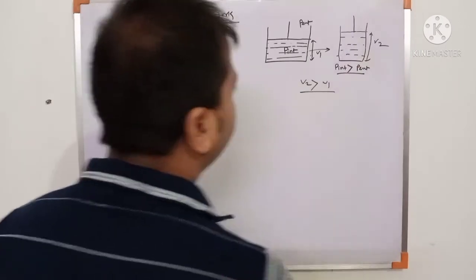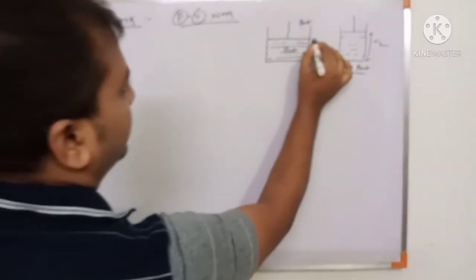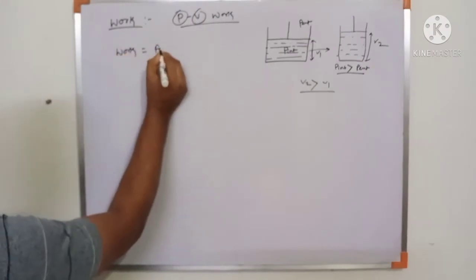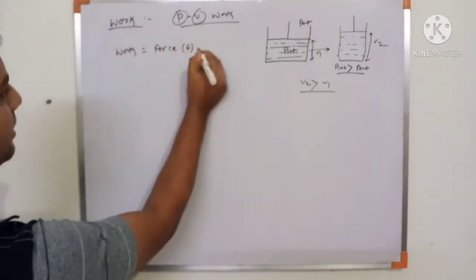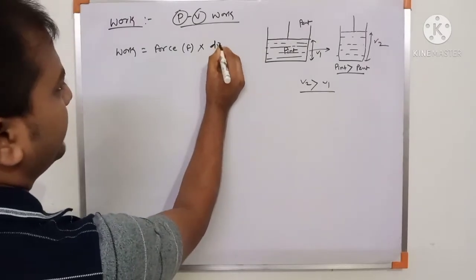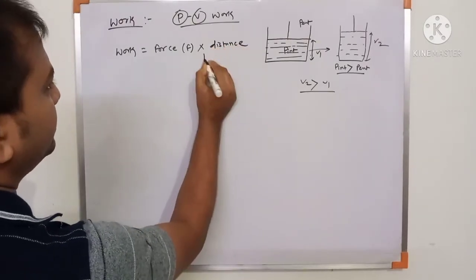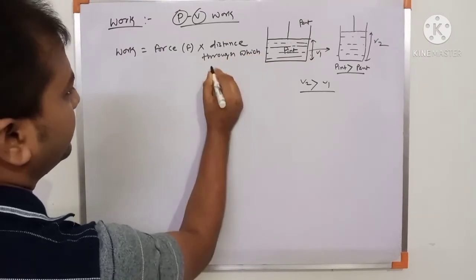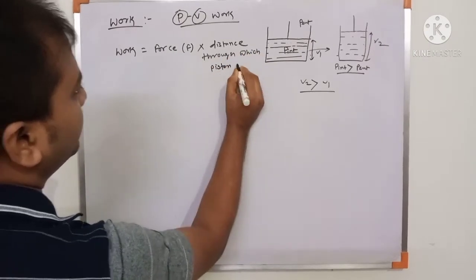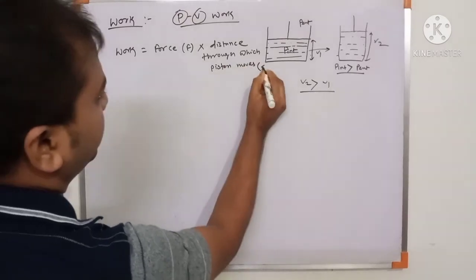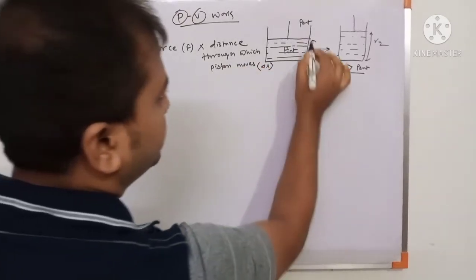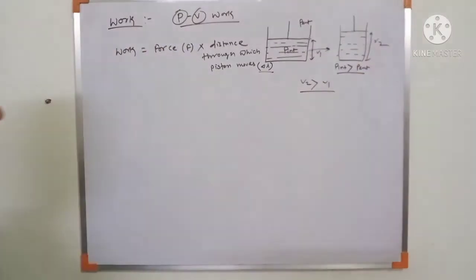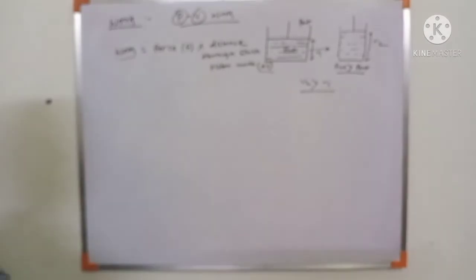This is the piston. Now piston displacement. We know work equals force F into distance through which the piston moves, there delta L. This piston moves this side, so this is small delta L. We know work equals force into distance.